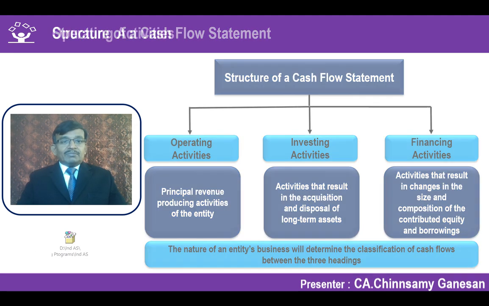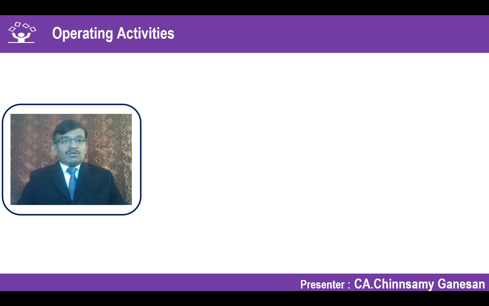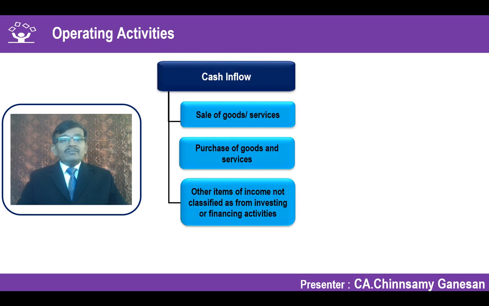Let's take some examples to understand operating activities. What are the cash inflows arising out of operating activity? If I am talking about the direct method, sale of goods and services, purchase of goods and services, and other items of income not classified in investing or financing activities are all inflows.